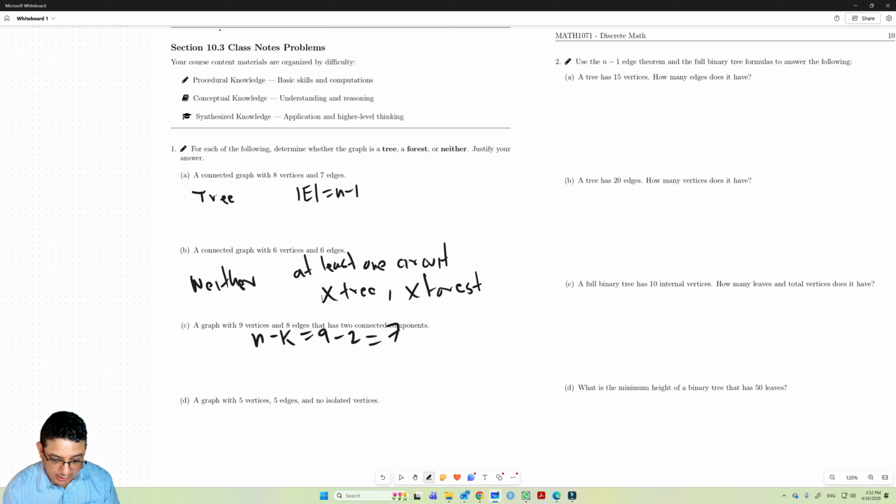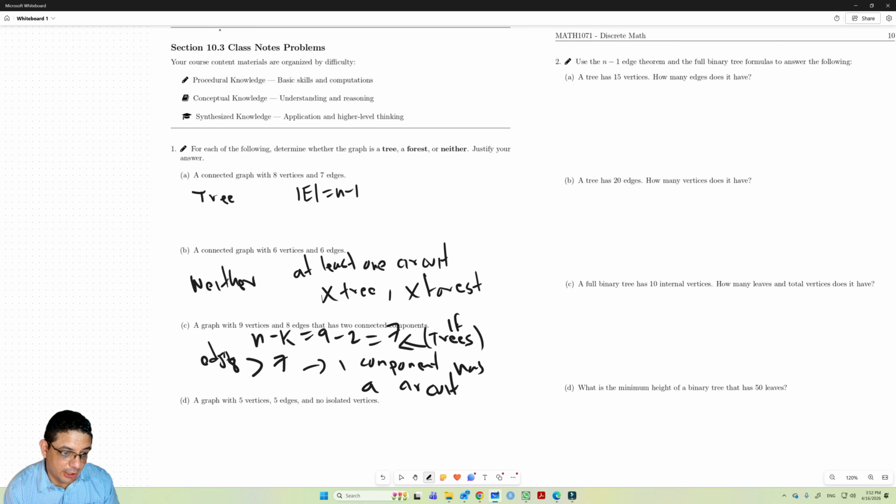Because we have 8 edges, which is bigger than 7, one of the components has a circuit. So it cannot be classified as a tree, and it cannot be classified as a forest. So the answer will be neither.